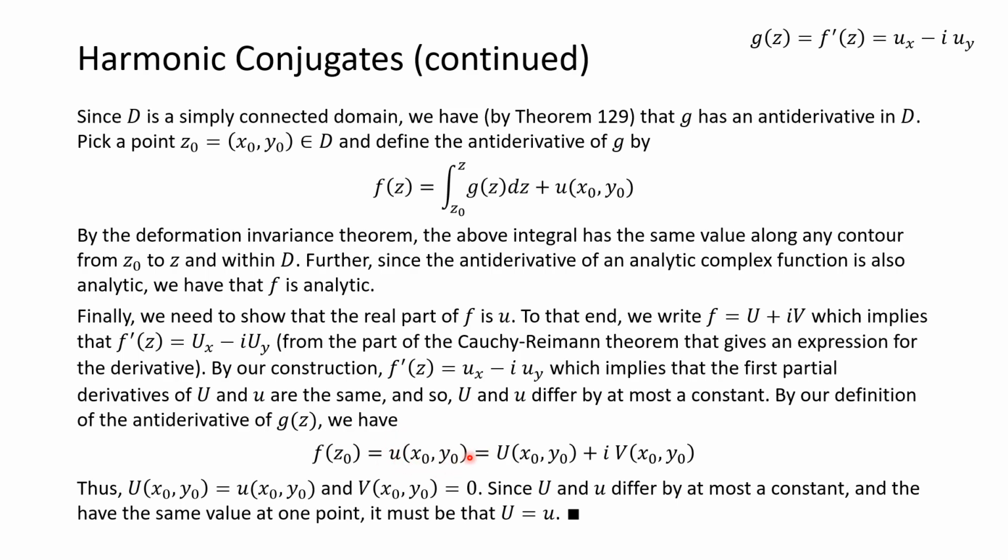So small u evaluated at x sub 0, y sub 0 equals capital U evaluated at the same point. And v of x sub 0, y sub 0 must equal 0, since there's no imaginary part here. So since capital U and small u differ by at most a constant, and they have the same value at one point, that means they must be the same. And so we now have established that our small u is the real part of an analytic function. And that implies that our v is harmonic. So we've proven our theorem.